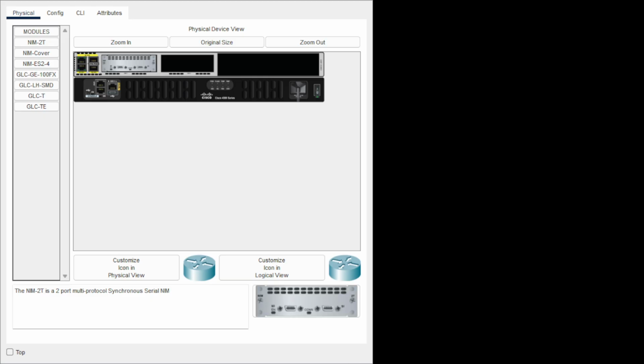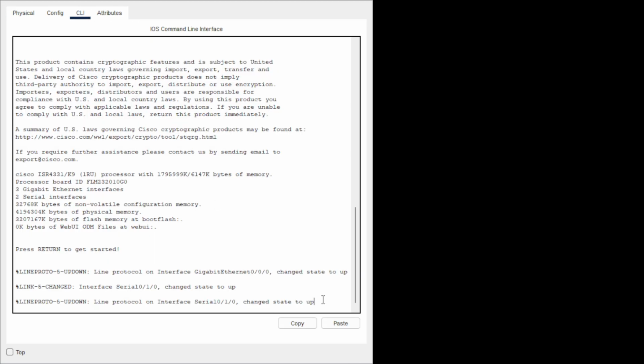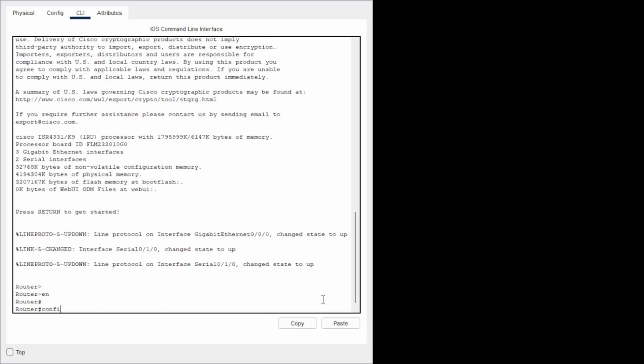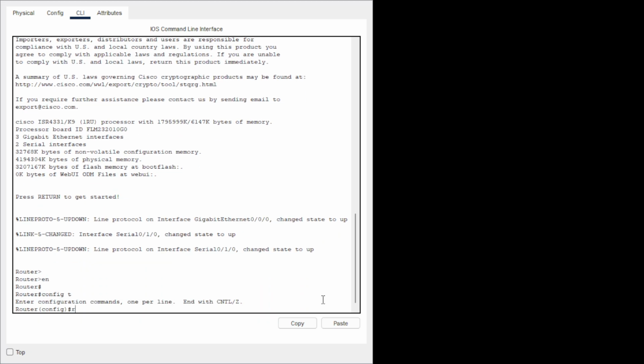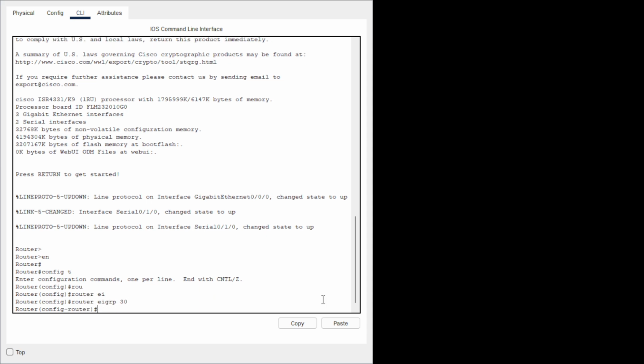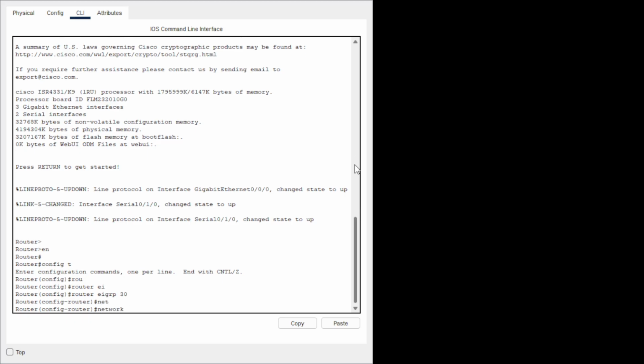Router EIGRP ASN number is 30, and the networks connected are, first, 192.168.1.0 0.0.0.63.